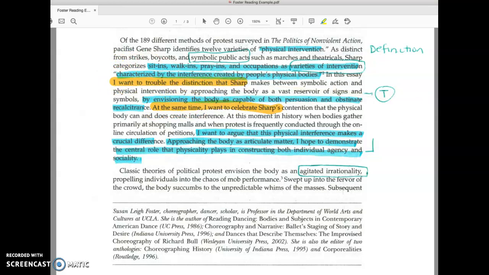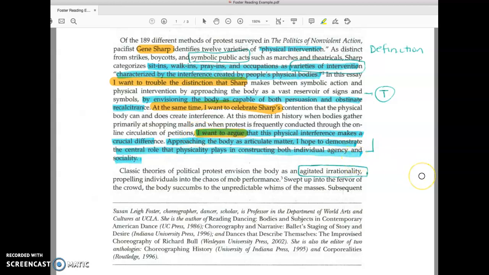So she is sitting in the middle of this particular person's argument. Gene Sharp is who she's reacting to, and she both disagrees and agrees with Sharp. And by the end, she gives you what she wants her claim or her thesis to be.